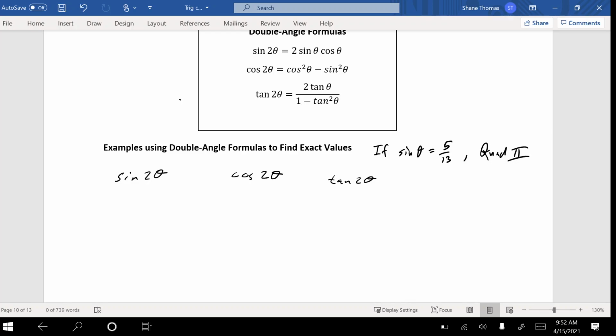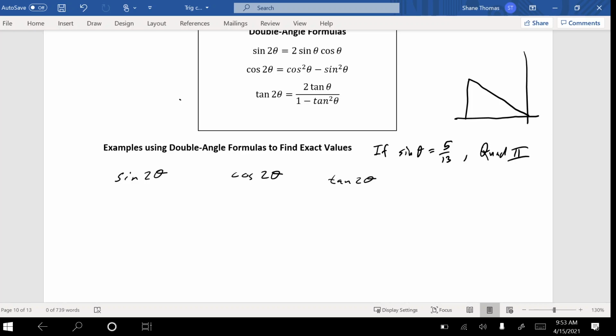All right. So our triangle for this is going to be in quadrant 2. I'm going to go ahead and draw that guy. Now, we know that the sine is 5 over 13, right? What's the relationship for sine? Opposite over hypotenuse, correct.